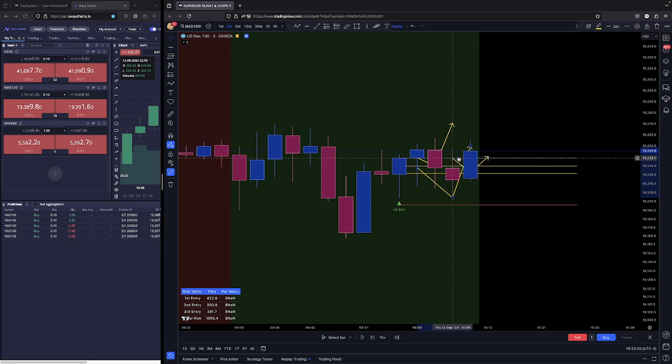If you entered in the first position, you would only be up right now 64 pips. But because you got a better position down here, you are now up 420 pips. You're done for the day without it even actually moving. Isn't that amazing?